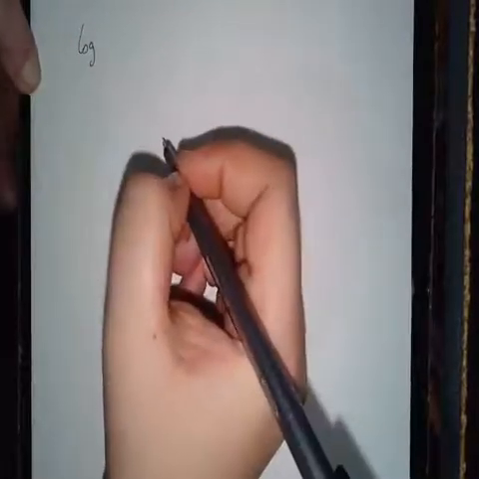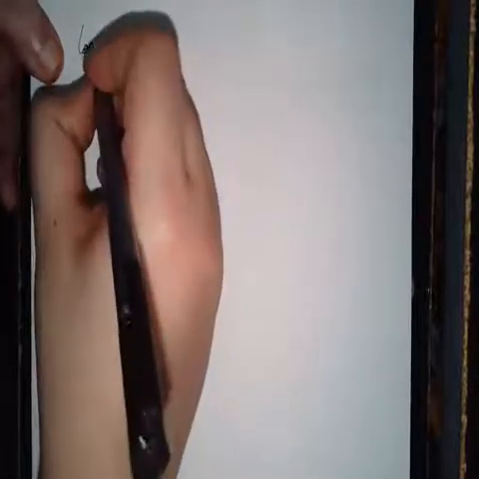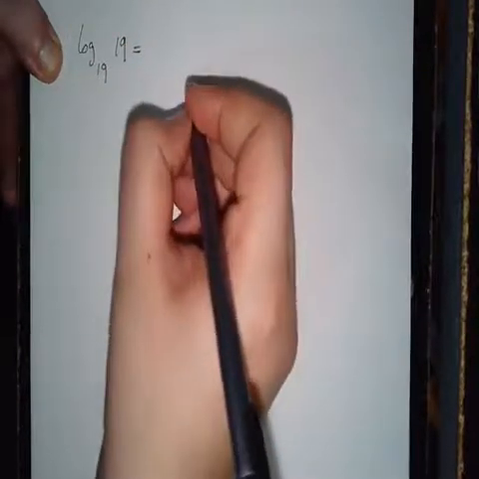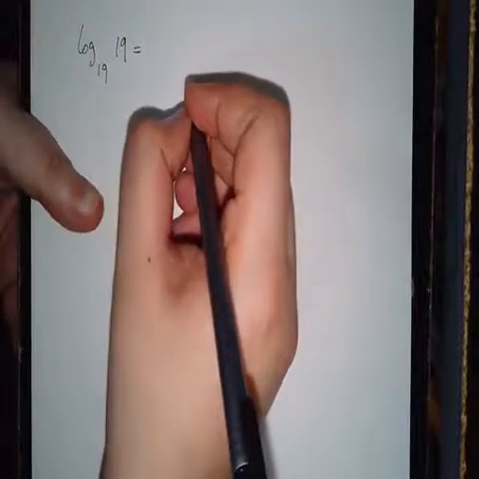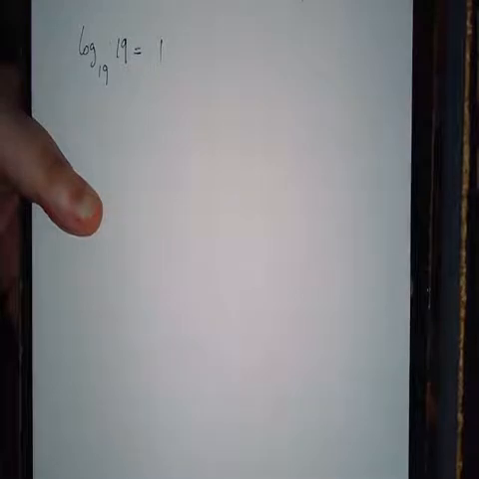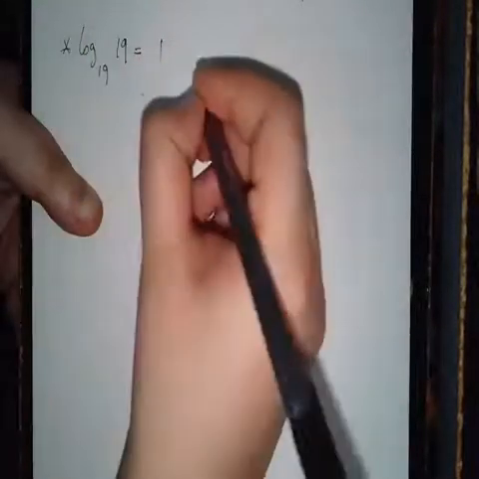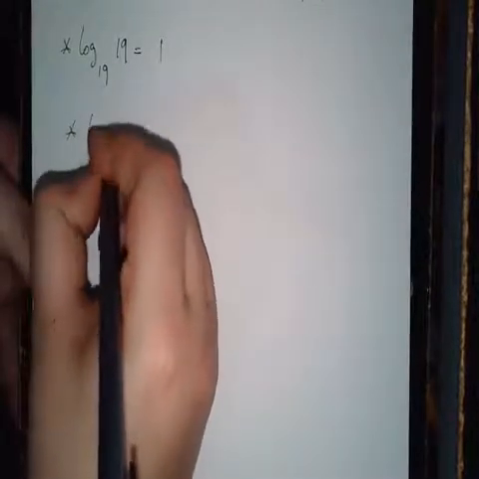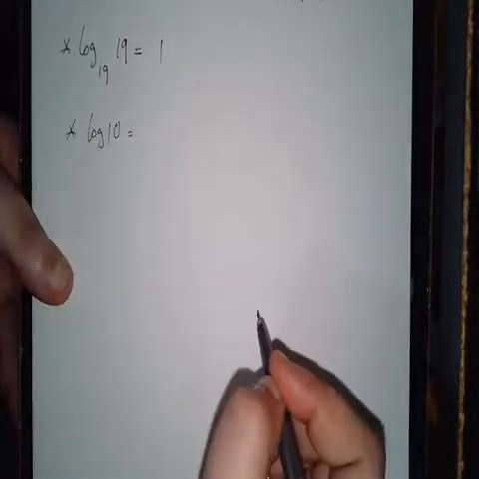Now, here's your first example. Log base 19 of 19. Looking at the properties I just gave you, what's the answer? Quick. The answer is 1. Base and answer match, right? Okay. Another one. Log base 10 of 10. What's the answer?